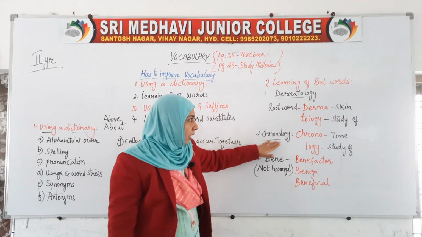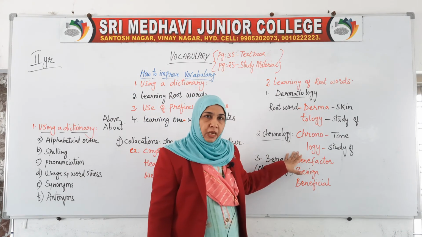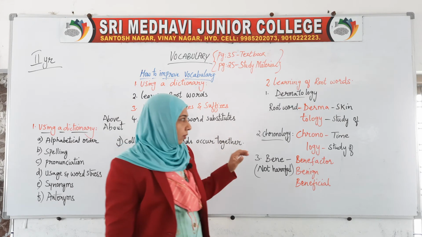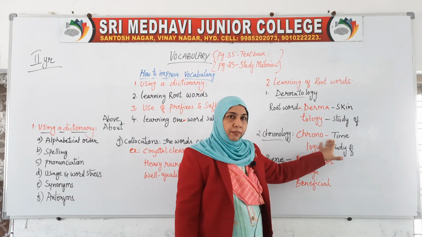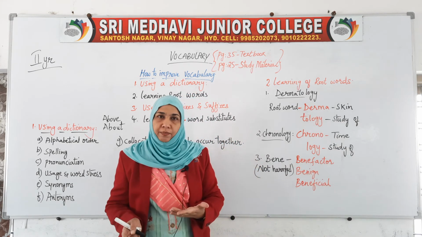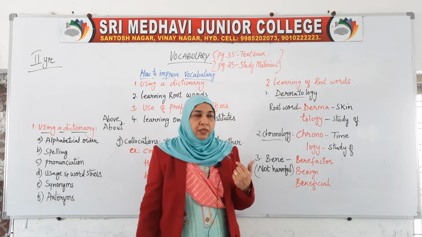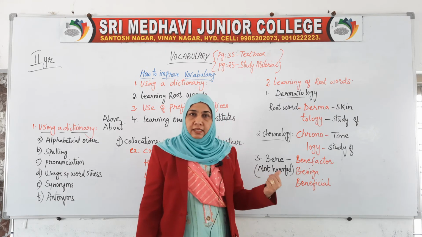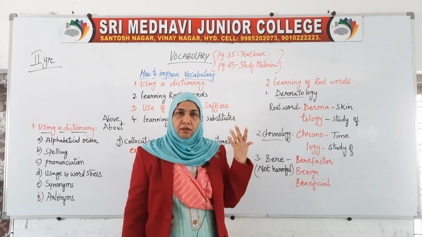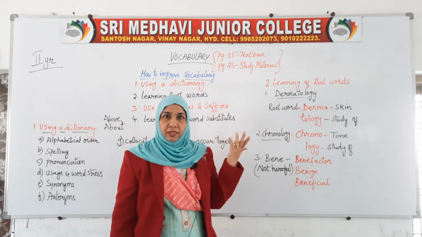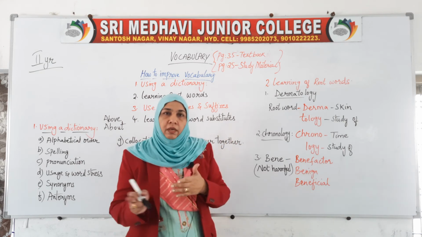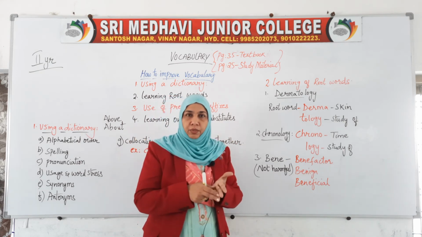Here in the second, chronology. Chrono is the root word. Chronology, time. Chrono means time. Logy is the study. There is one word used, chronic disease. Chronic means an old disease. The time is there. It had happened in the past, or it has long been rooted in the person.